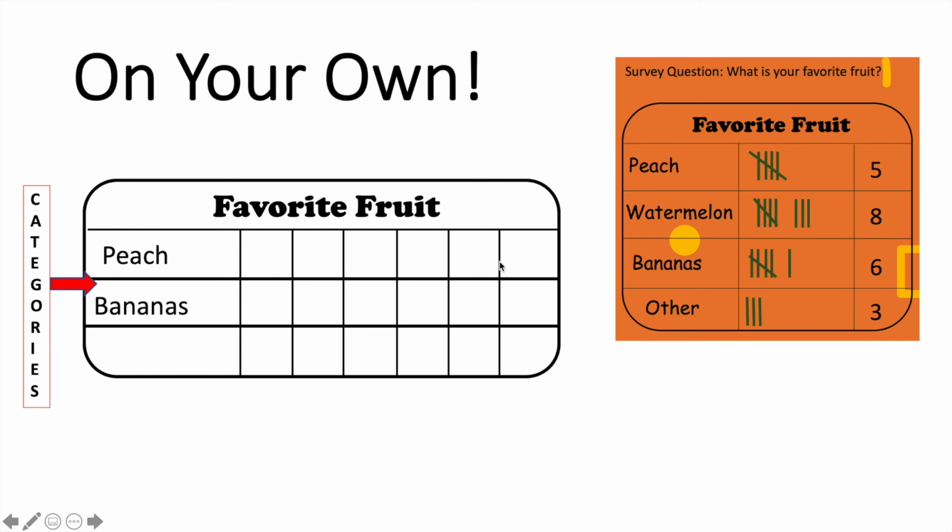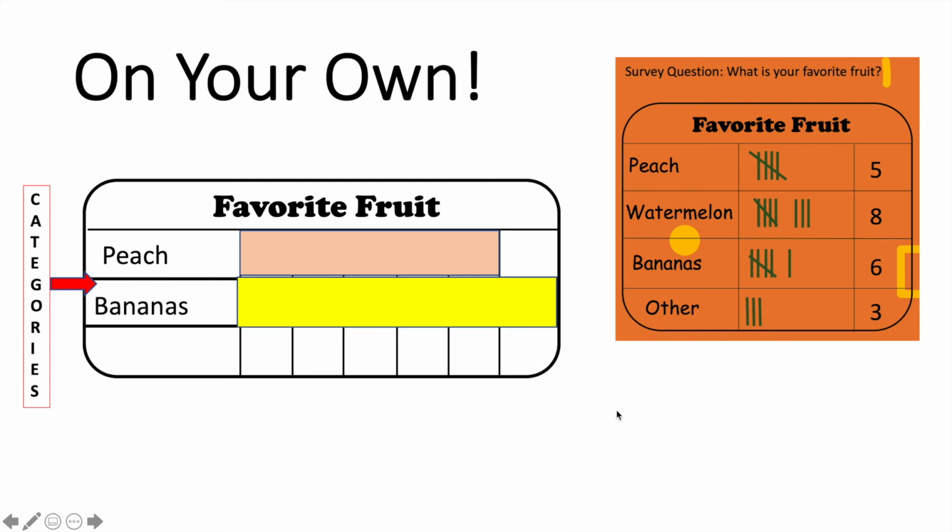Then right here is where I'm going to make my bars. So peach got 5 votes. So I'm going to make a bar up to 5. Bananas got 6 votes, so I'm going to make a bar all the way to 6. And I would be finishing it all later, right? I would put watermelons and others. So right in this section, I'm showing bars. I'm using bars to show data.